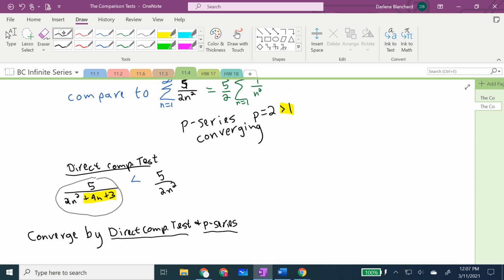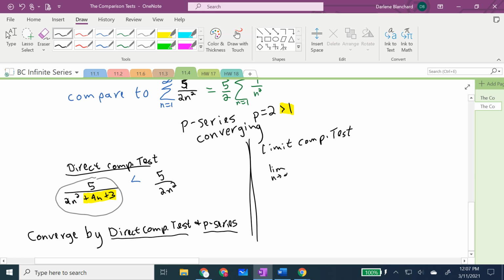If you were doing the limit comparison test, this is what it would look like. Now, technically, it does not matter whether you put the ratio as given series over comparator series or flip it around, because we just are checking to see that we are getting a finite ratio that isn't 0, so it doesn't matter who is the numerator versus denominator.